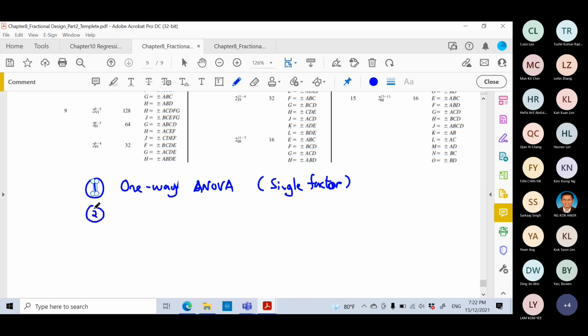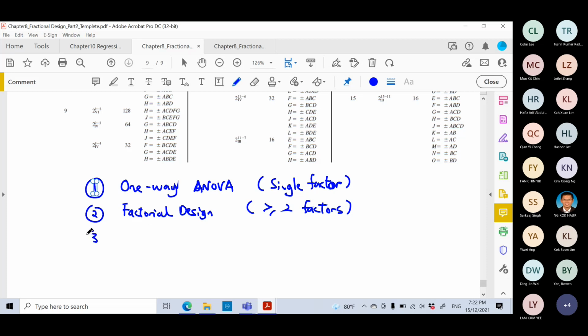Then, extending it to the second one, we have a factorial design, also using ANOVA techniques, where you have more than 2 factors, and you also consider their interaction.